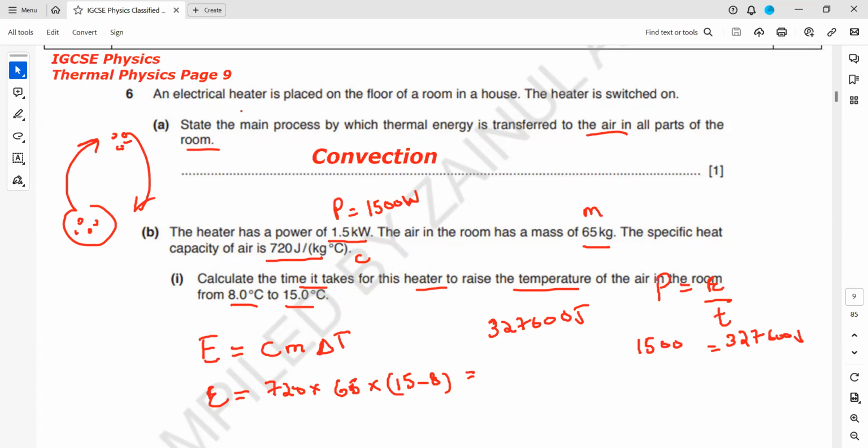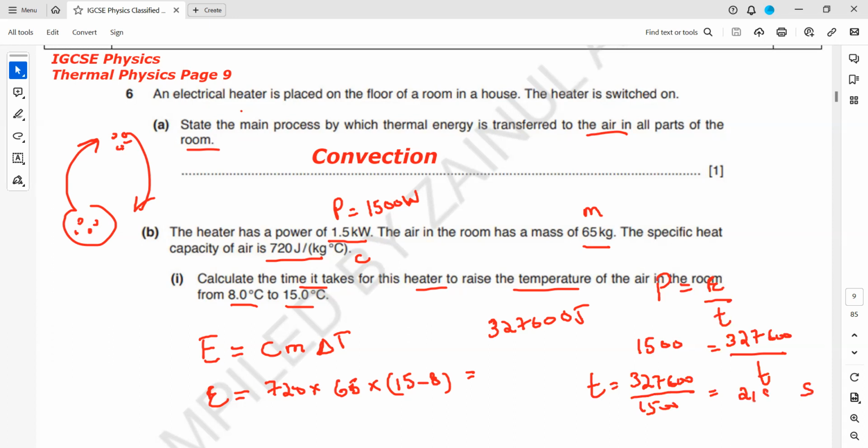And we need the time. So we just cross multiply. So the time will be equal to 327,600 divided by 1,500. When you divide, what answer will you get? That will be in seconds. What's the answer? 327,600 divided by 1,500 is 218.4.